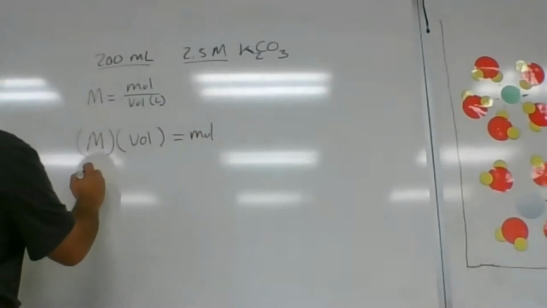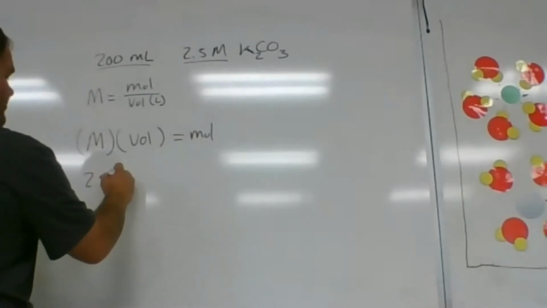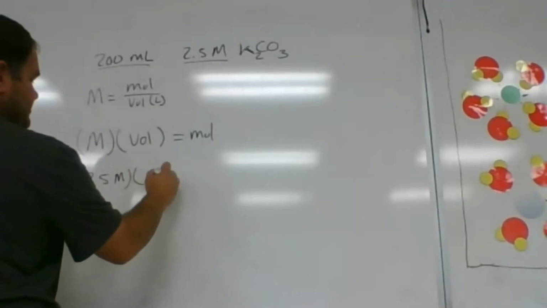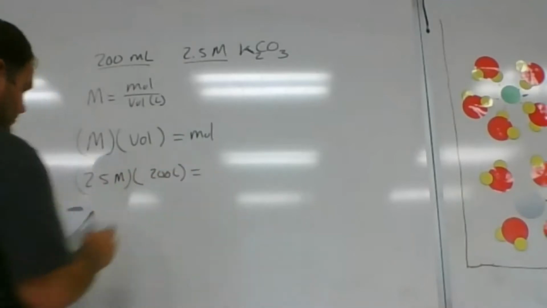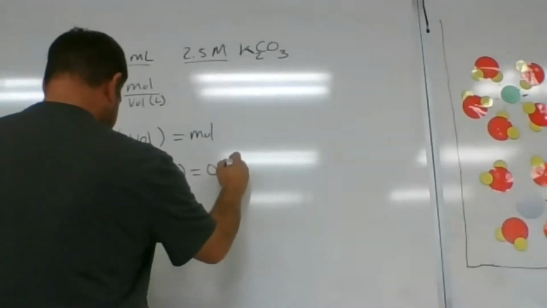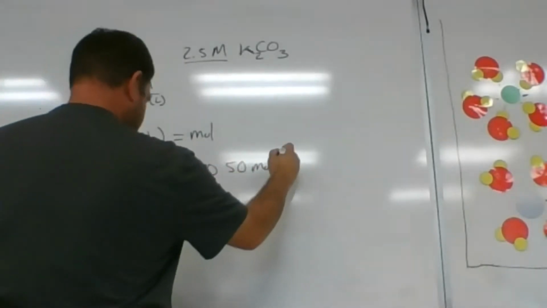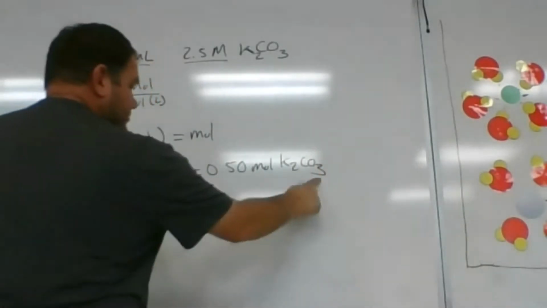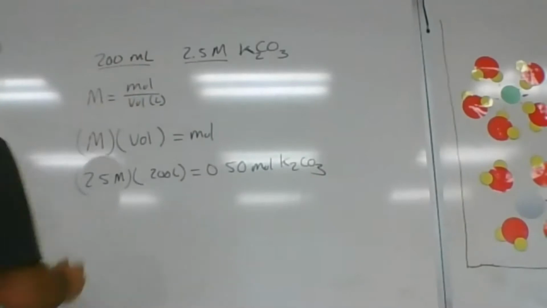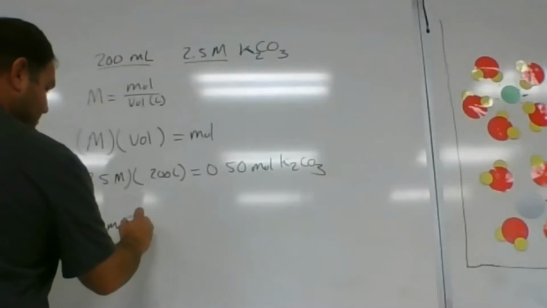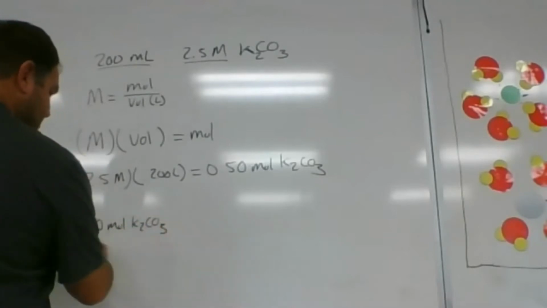So all I'm going to do is take my molarity, 2.5 molar, multiply by my volume in liters, 0.200 liters, and that will give me 0.50 moles of K2CO3. Now I know the number of moles. So now I just have to convert that to mass. So 0.50 moles of potassium carbonate.